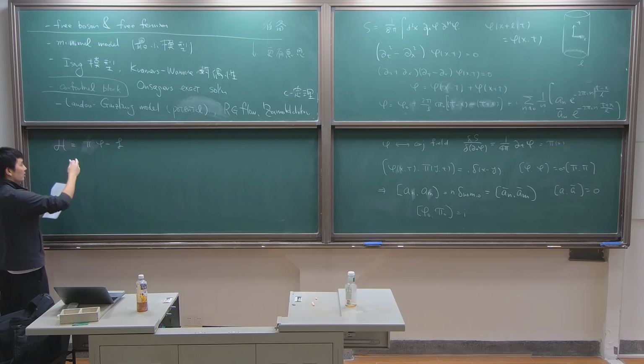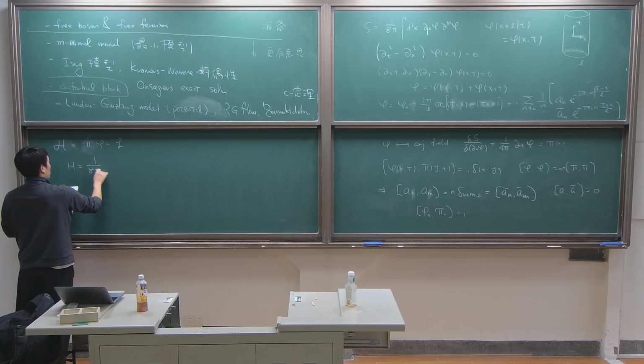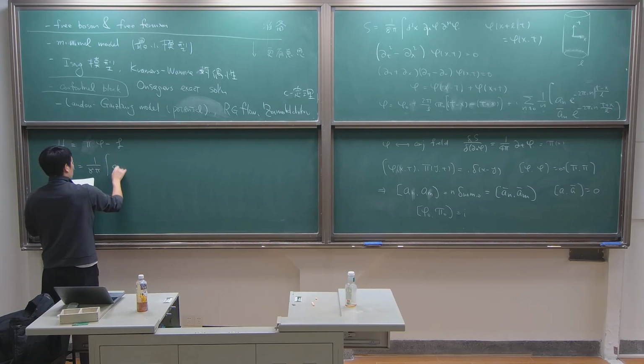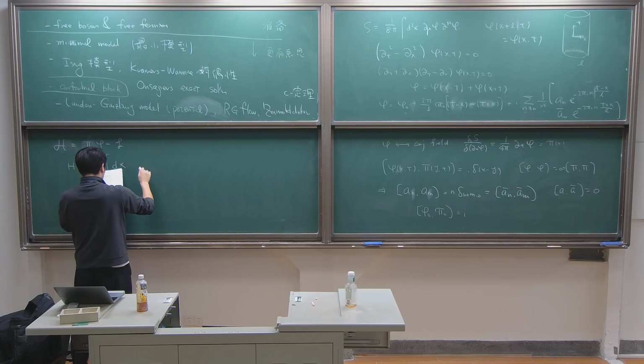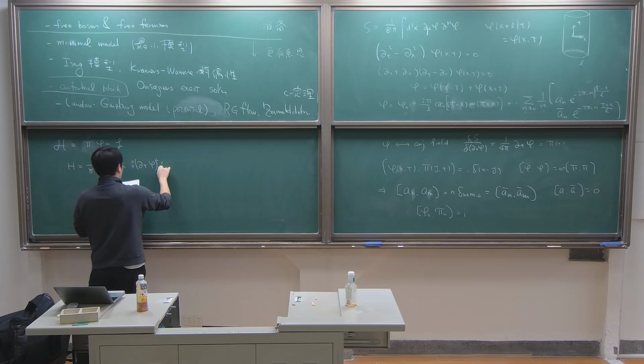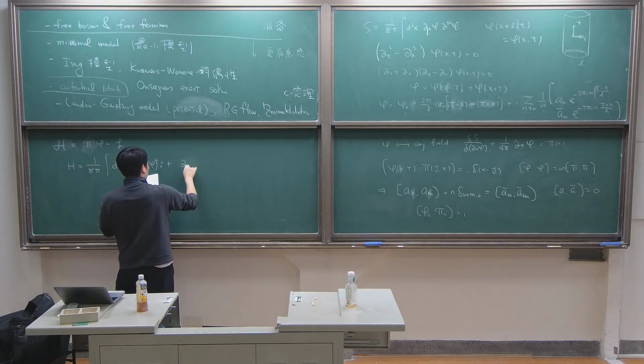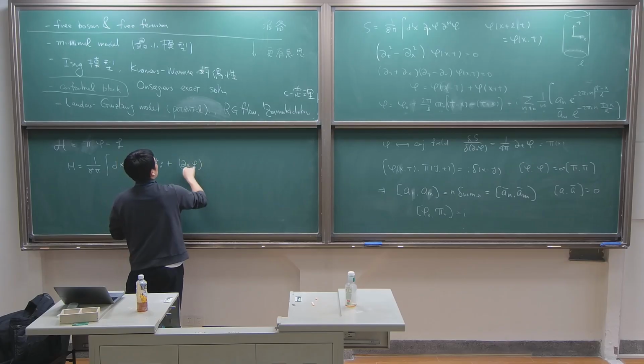And the Hamiltonian is just the integral of this Hamiltonian density over the spatial surface. This is phi t squared plus phi x squared.